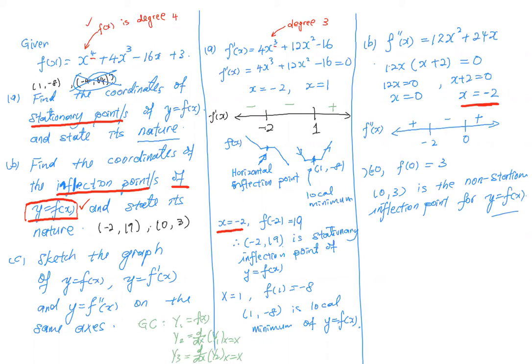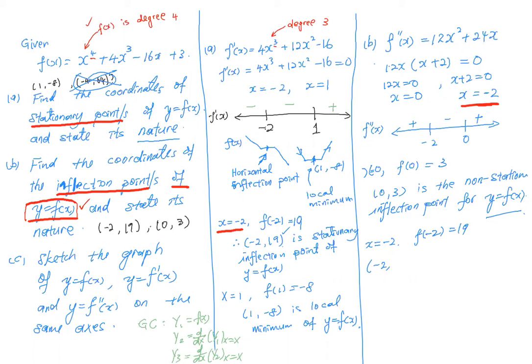Very careful, you must mention. And when x equal to -2, I don't have to find again, it's here. So f(-2) is 19. So I will say (-2, 19), repeat again, never mind.